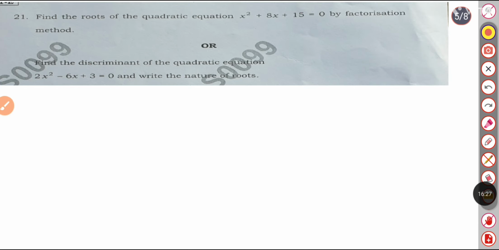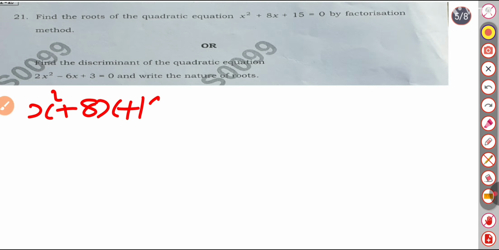Question number 21. Find the roots of the quadratic equation x square plus 8x plus 15 is equals to 0 by factorization method. Again, easy question. Factorization method. x square plus 8x plus 15 is equals to 0. Here for factorization method we have to multiply first and last term, that is 15x square.